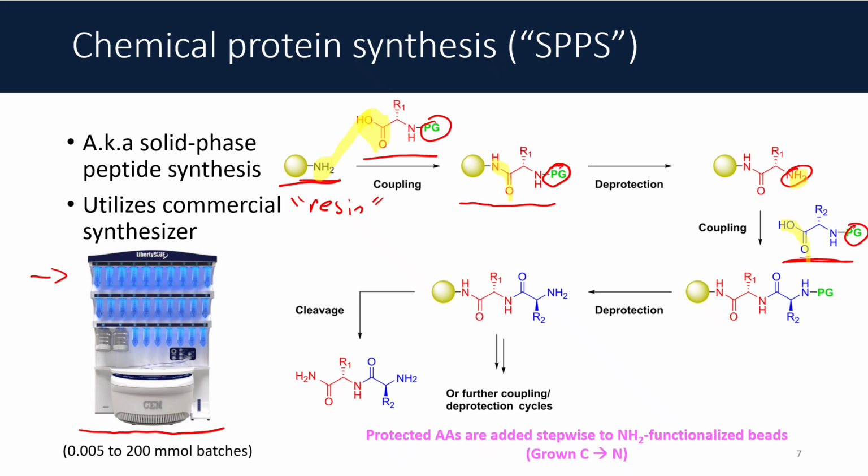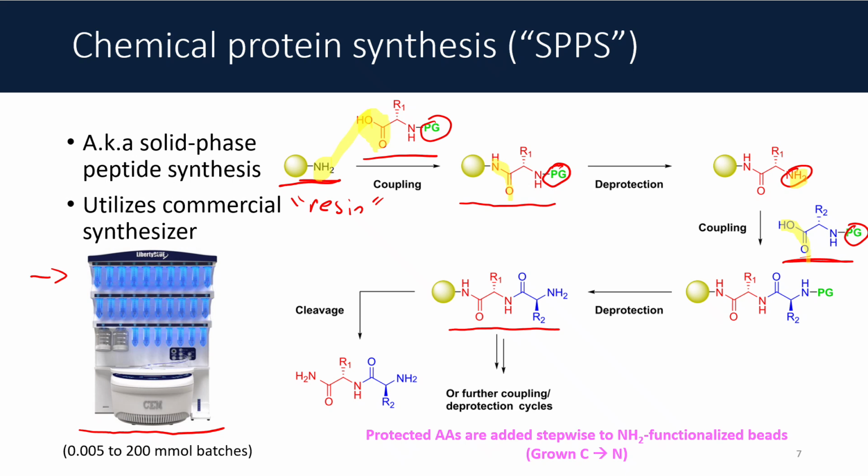So fast forwarding on ahead, we now have a dipeptide attached to our resin bead. And we can repeat this process not an infinite number of times, but several times to get a decently long peptide or protein growing off of our resin bead.